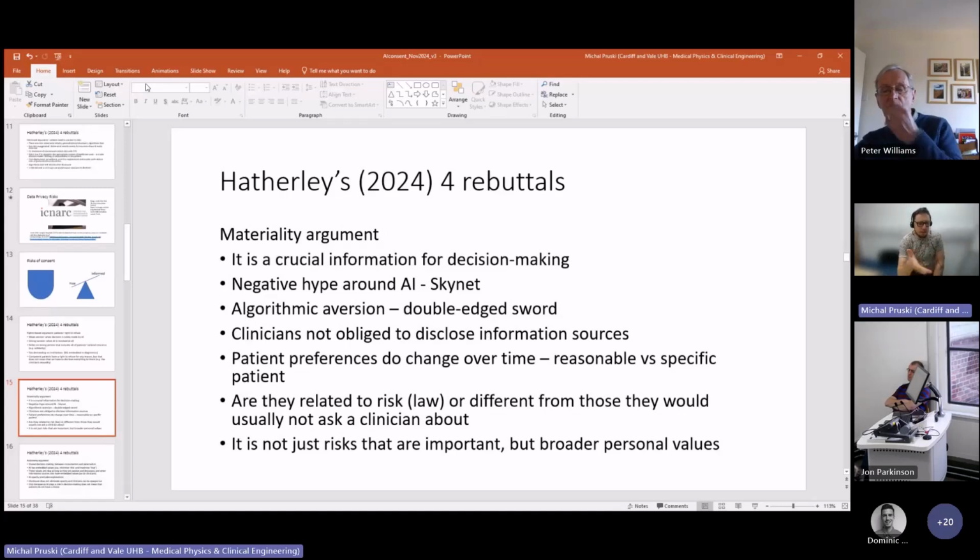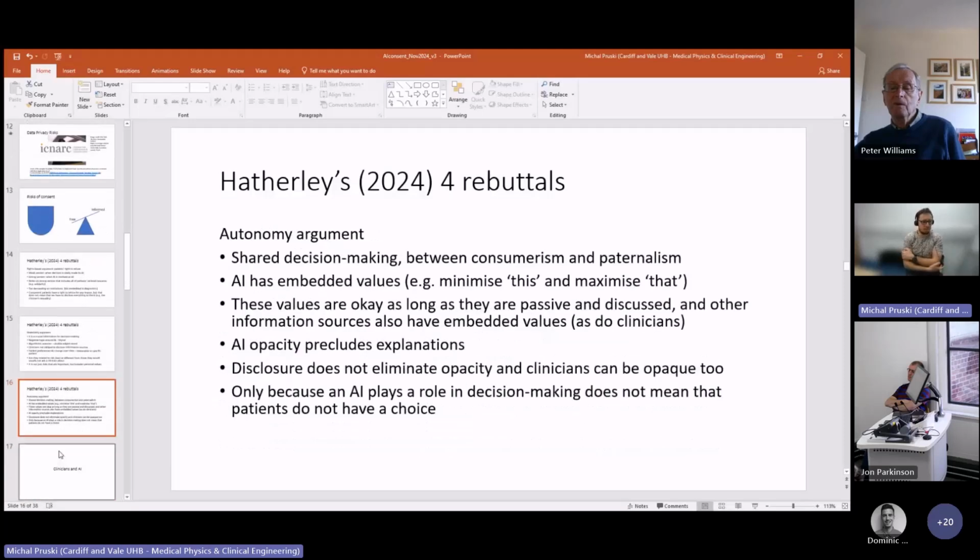And again, it's uncertain whether all those pieces of information relate to risk, because if they don't, then perhaps we don't have to disclose them because they're not risk related. But as I said, it's a bit difficult sometimes to ascertain what is the risk. But we generally accept that there are risks that are important, but also broader personal values that the patient adopts.